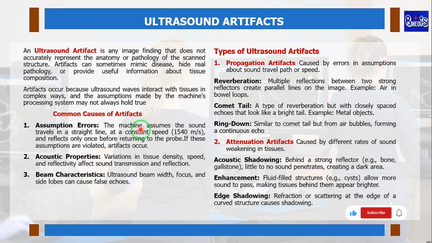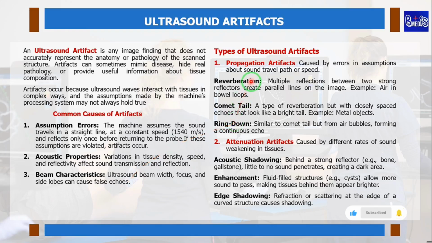Second, acoustic properties: variation in tissue density, speed, and reflectivity affect sound transmission and reflection. Beam characteristics, which is the third: ultrasound beam width, focus, and side lobe can cause false echoes.